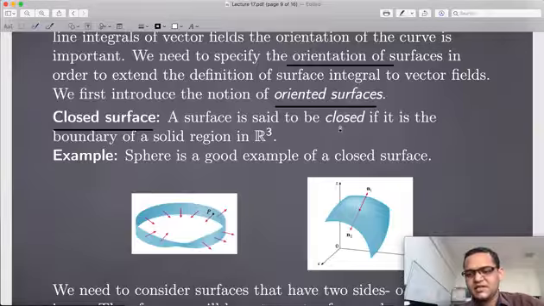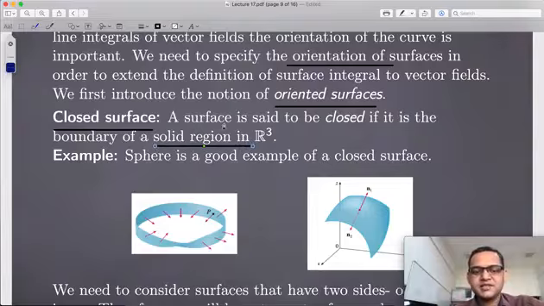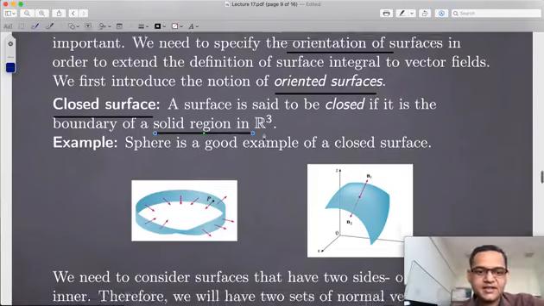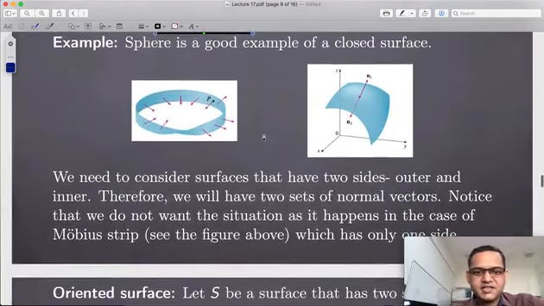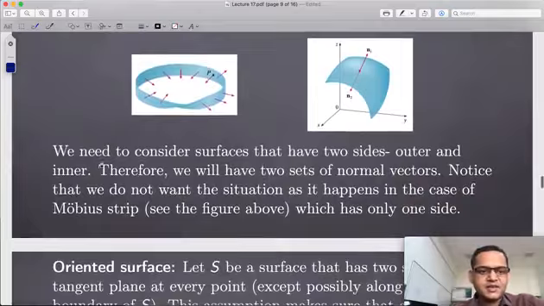Imagine the surface of a sphere, or an ellipsoid and so on. They enclose or bound a solid region in R3, and any such surface we call a closed surface. The important thing is we are going to consider surfaces that have two sides.